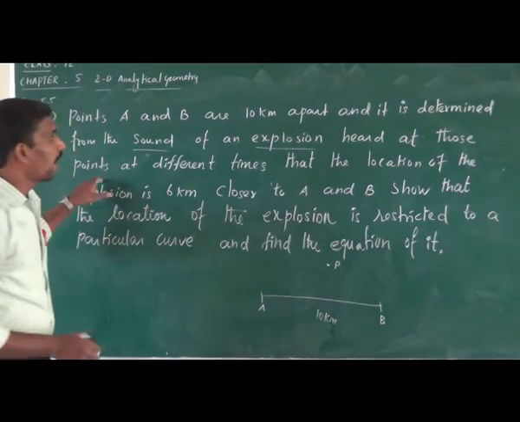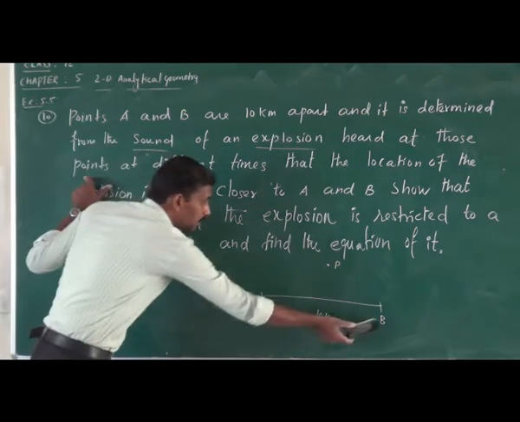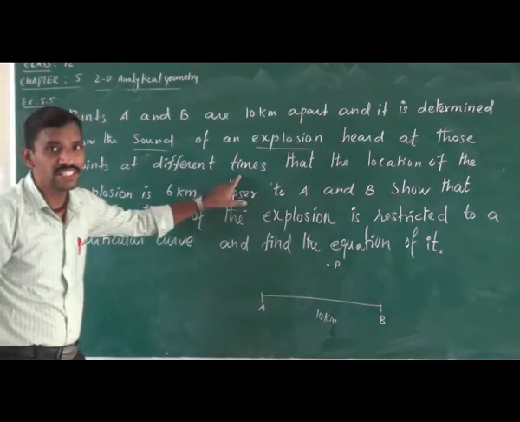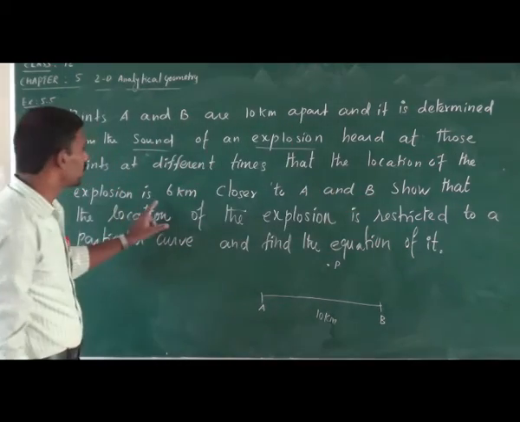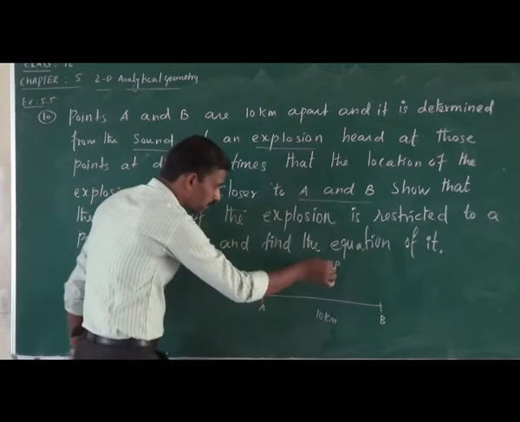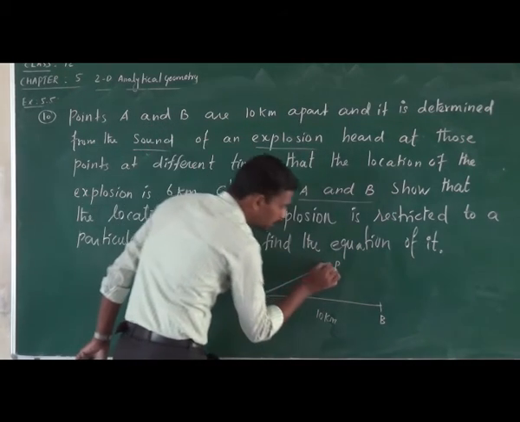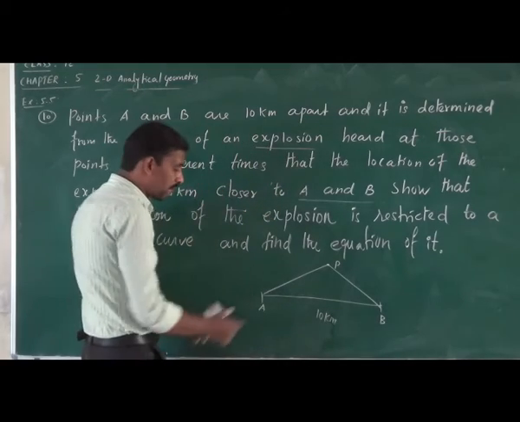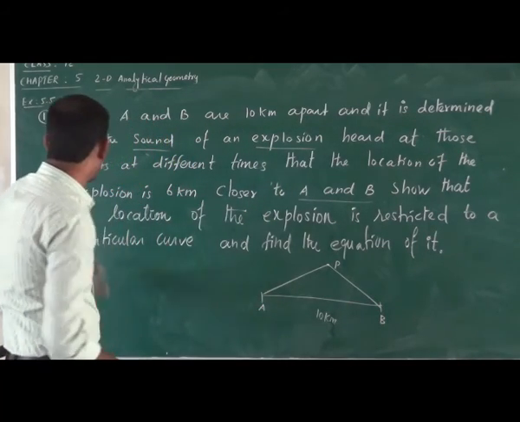Now you see, I heard the sound at point A and point B at different times. The explosion sound reaches A and the explosion sound reaches B, but the difference is 6 kilometers.